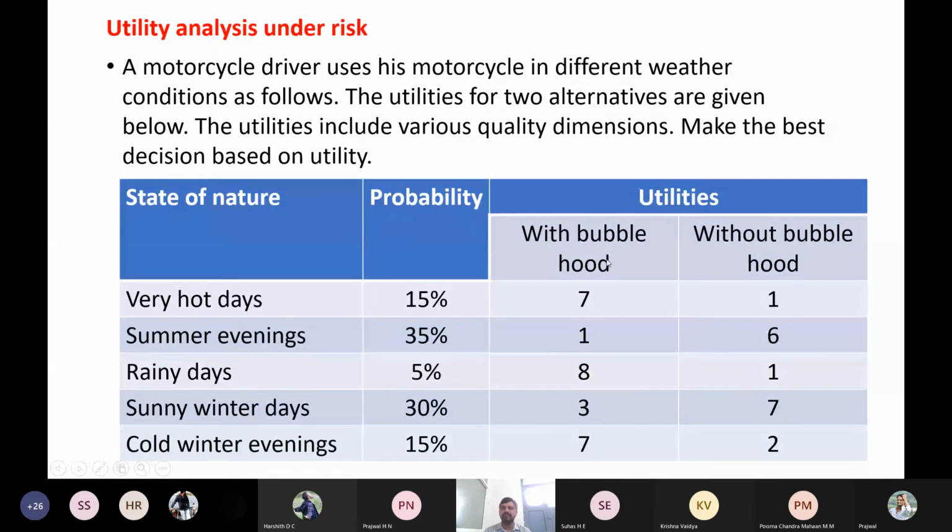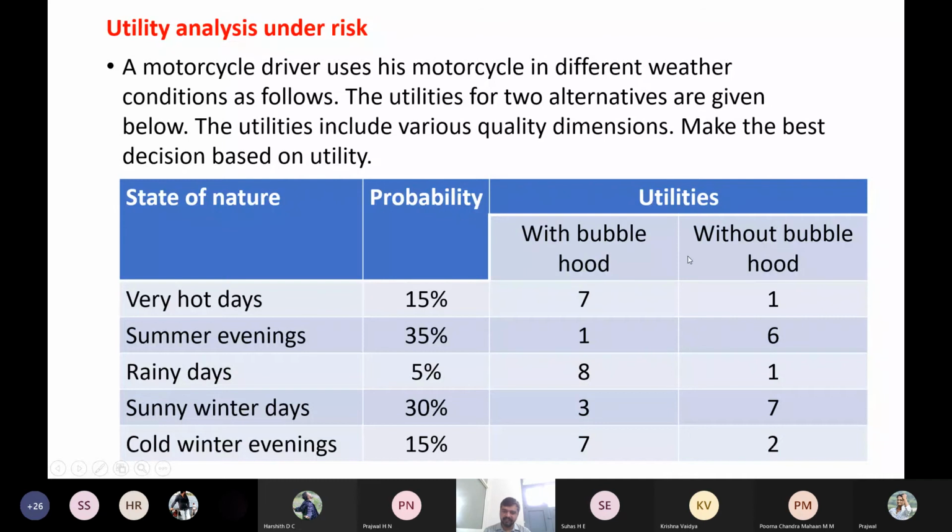What do I mean by this bubble wood? Bubble wood is like a jacket, or it is a cover. It is a protective layer. Like we use a jacket to protect our body from cold weather, similarly for bikes also covers are used. Usually we use covers for cars.